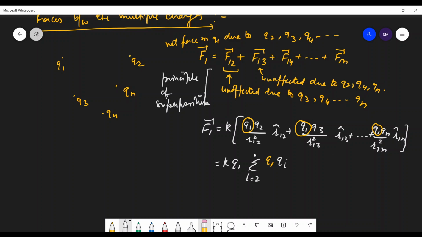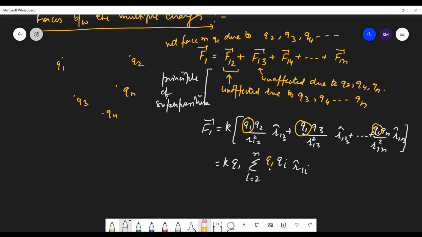Now this is R cap 12, R cap 13, R cap 1n. What is changing? 2, 3 up to n. So here I will write it as R1i. Whatever the variable is, write i instead. This is how we need to write it after summation.